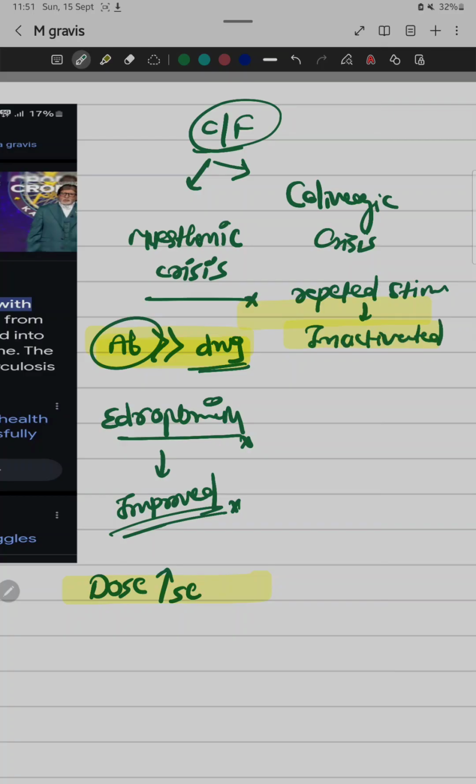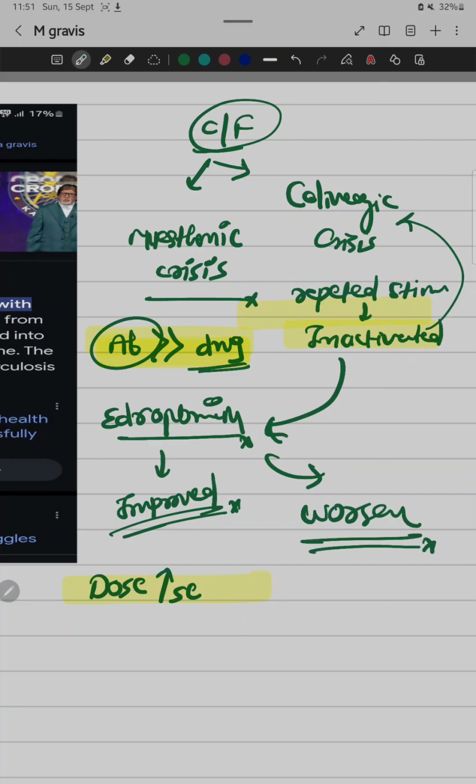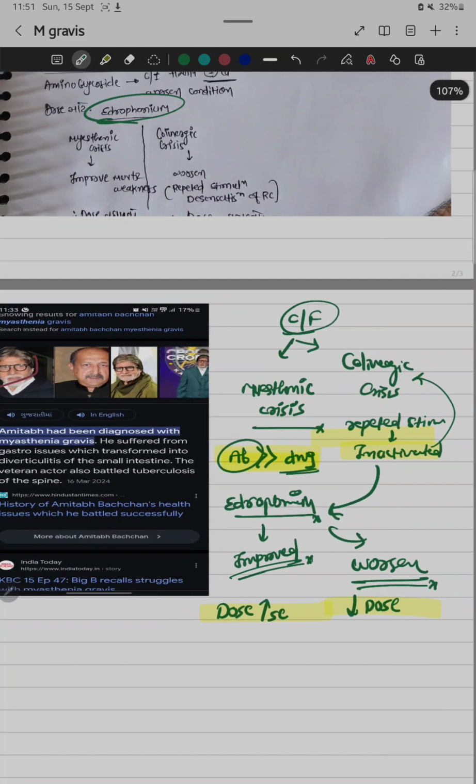So the person will go into lethargy and cholinergic crisis. If we give him more edrophonium, the person's situation worsens, because it is more repetitive stimulation of this receptor. So it states that we have to decrease the dose of our pyridostigmine.